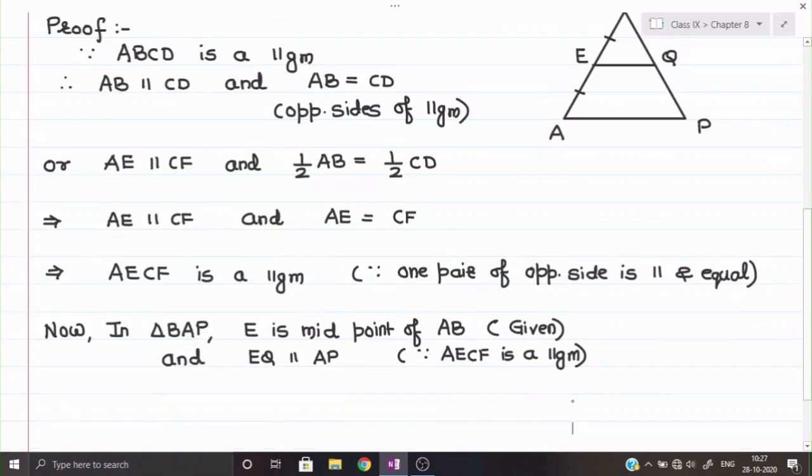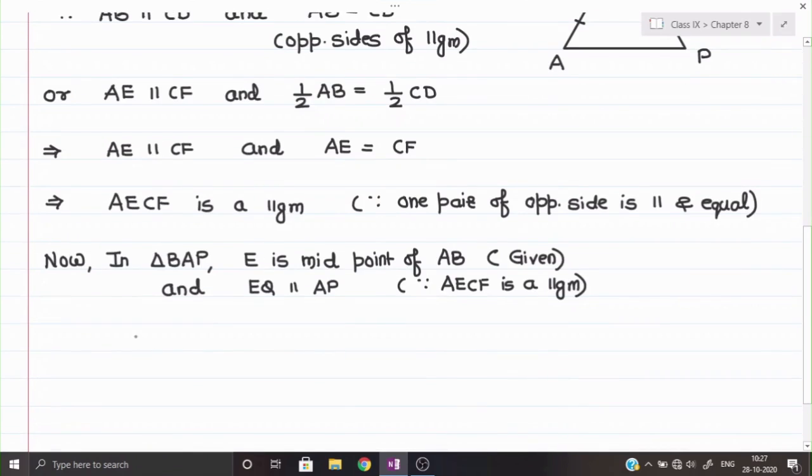Okay, we can say that therefore, by converse of midpoint theorem.